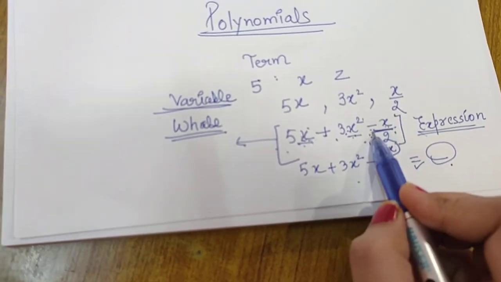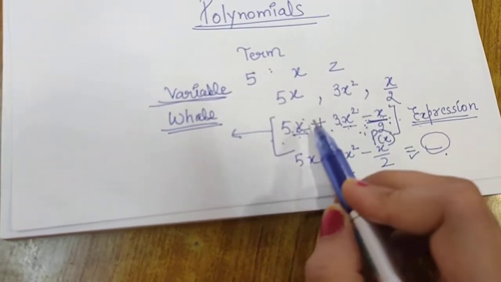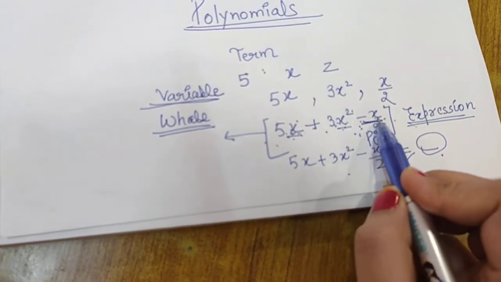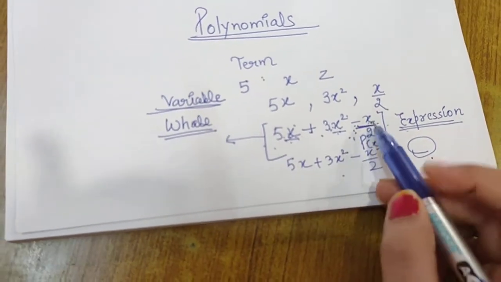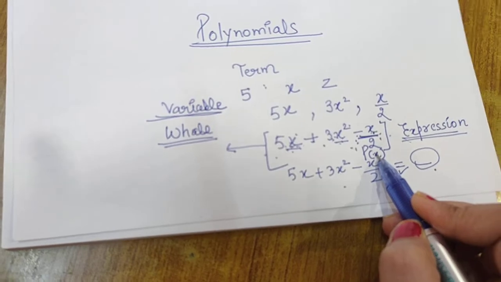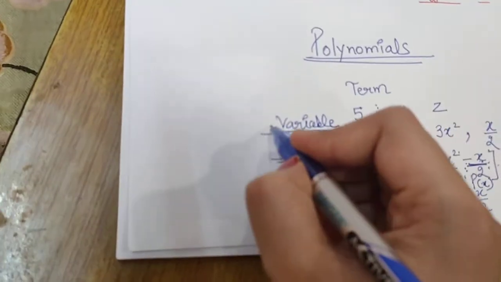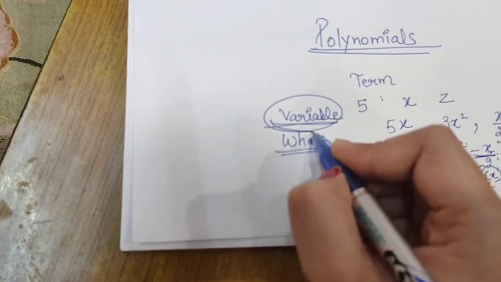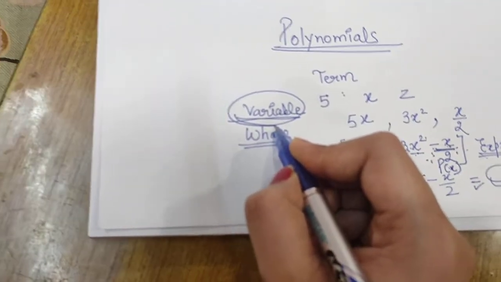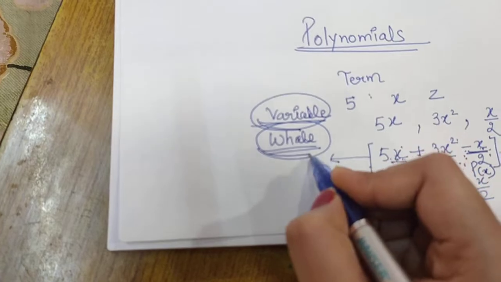That's why this is a polynomial. And in this expression there is only one type of variable, x. So this is a polynomial in one variable. So the main point is that the power should be of the variable only. We will not see the power of the constant, and the power should be a whole number.